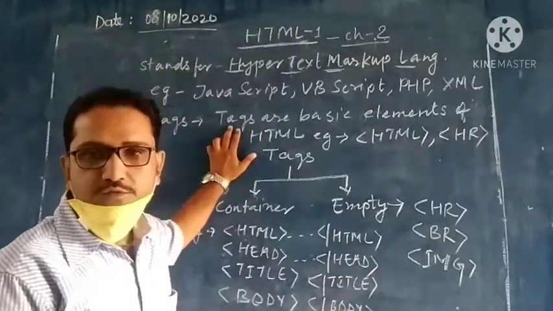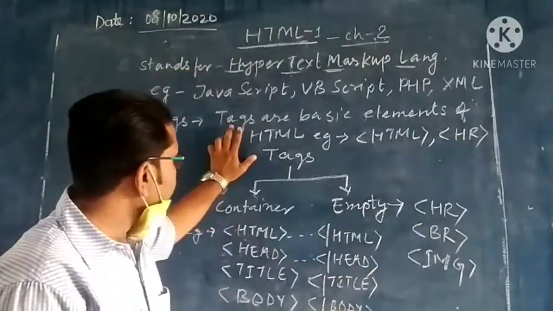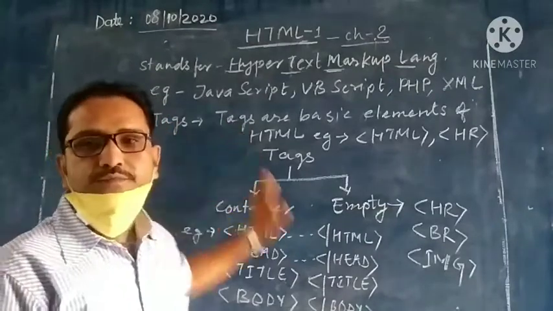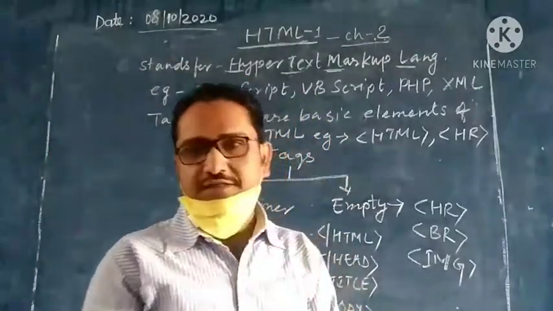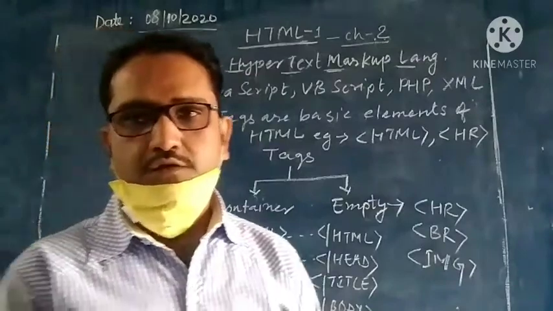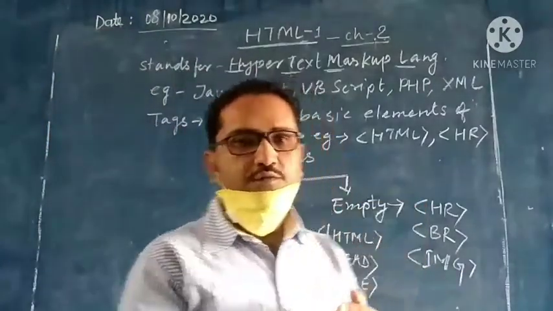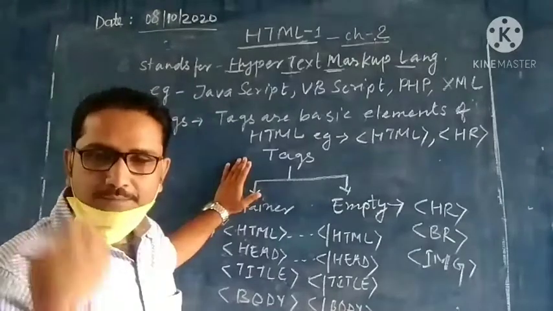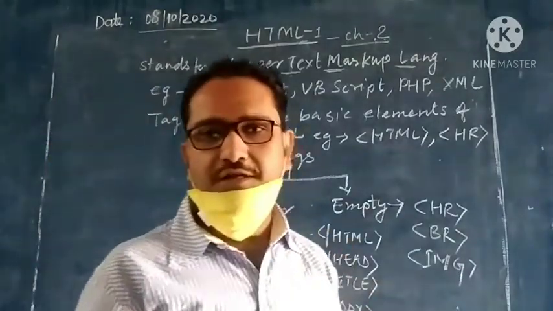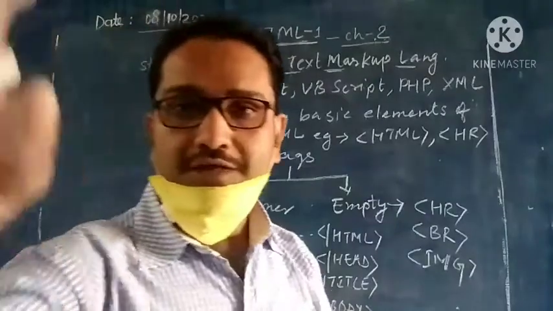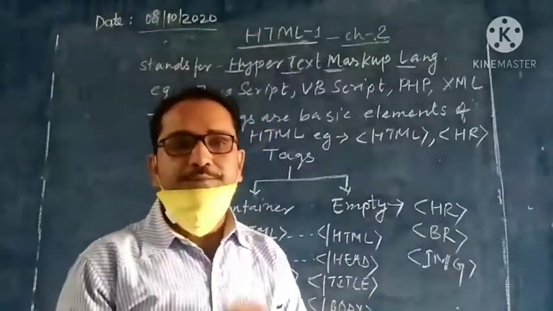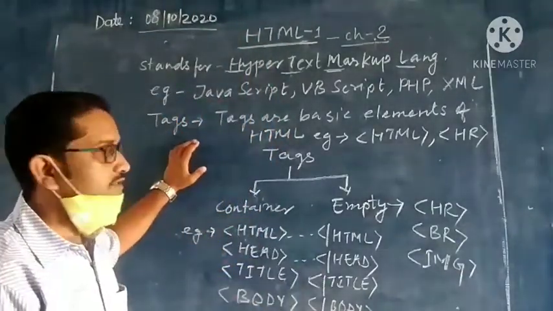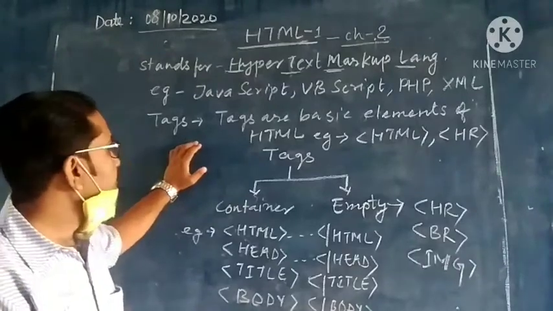With these tags we are generating the structure of HTML. So the language which is used to write or develop pages on the internet is HTML. So we are using HTML for developing web pages.